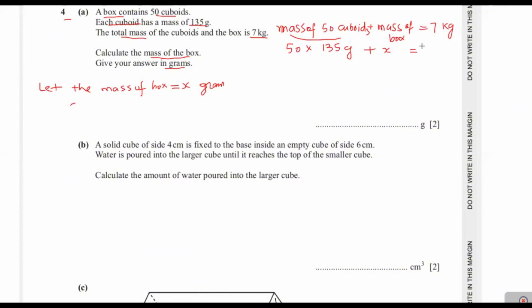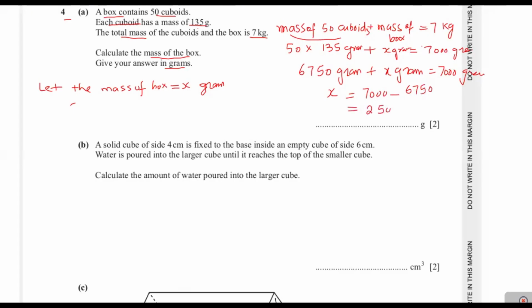We will write it in gram, that's equal to 7,000 gram. And here this value will be equal to 6,750 gram plus x gram equal to 7,000 gram. And here this value x will be equal to 7,000 minus 6,750, and this value will be equal to 250 gram, the mass of the box.